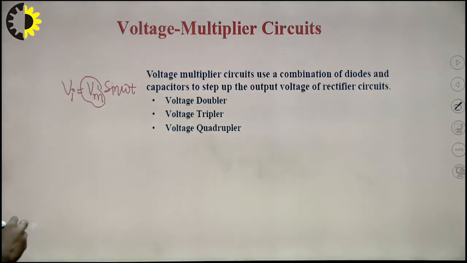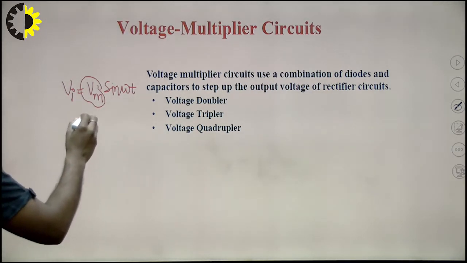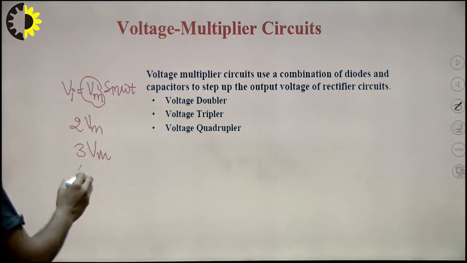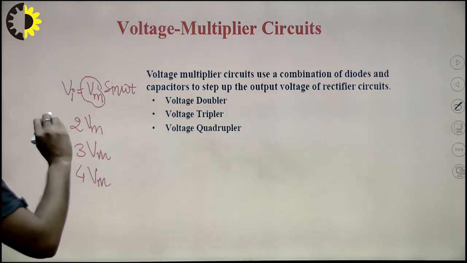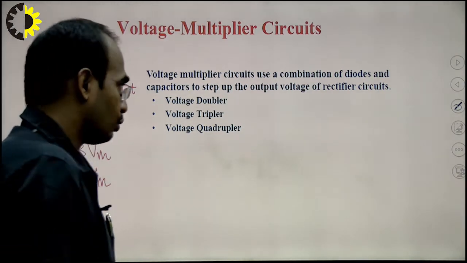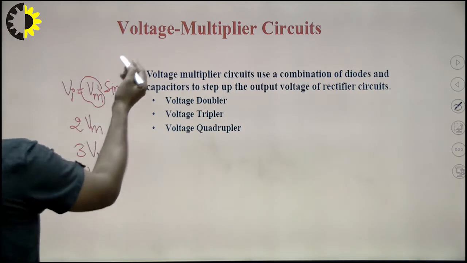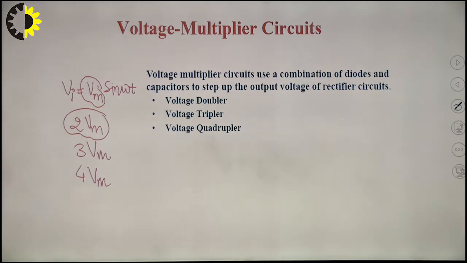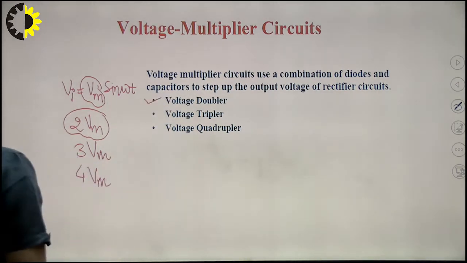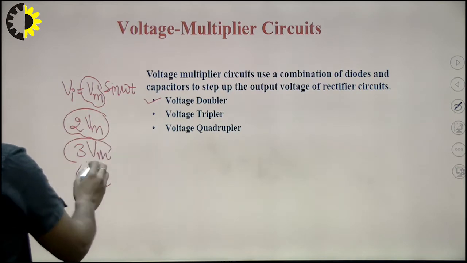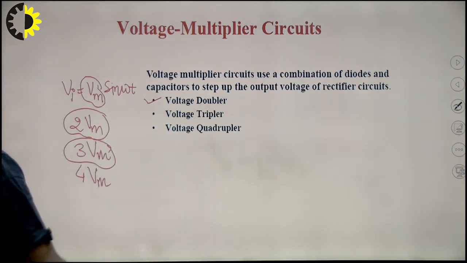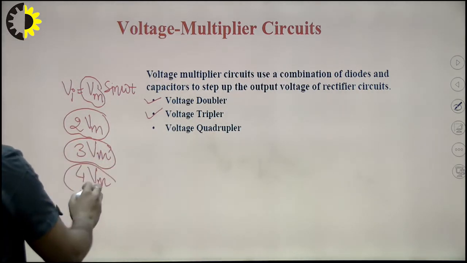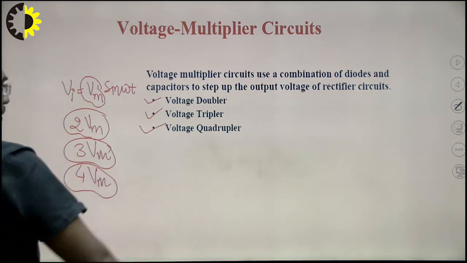It can produce twice Vm, thrice Vm, or 4 times Vm. If the circuit is producing twice Vm at the output, it is known as a voltage doubler. If it is producing thrice the peak value of the input, it is a voltage tripler circuit, and if it is producing 4 times Vm, this is a voltage quadrupler circuit.